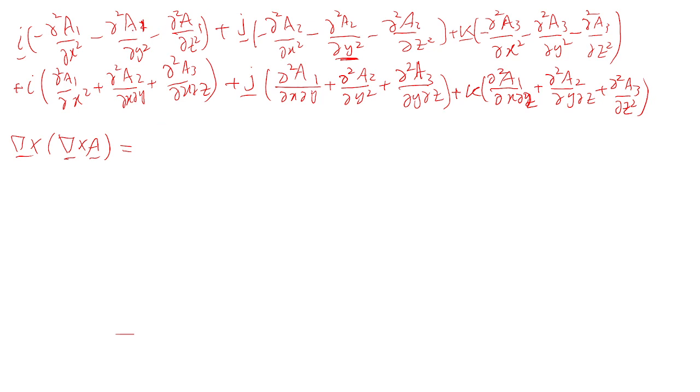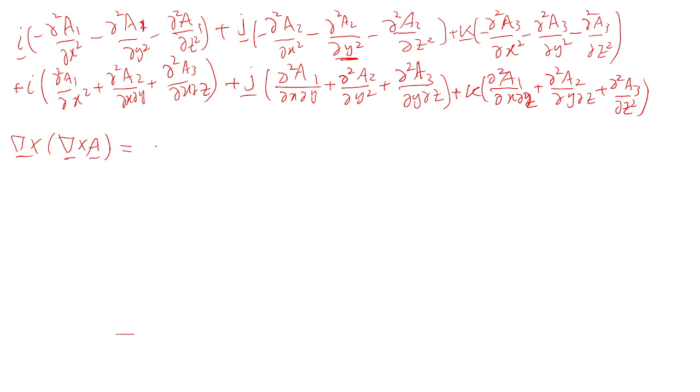Now what is common in the first line? That is this one. You see, partial by partial x square, partial by partial y square, partial by partial z square, here, here and here.